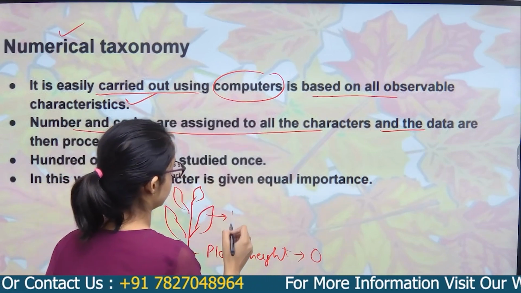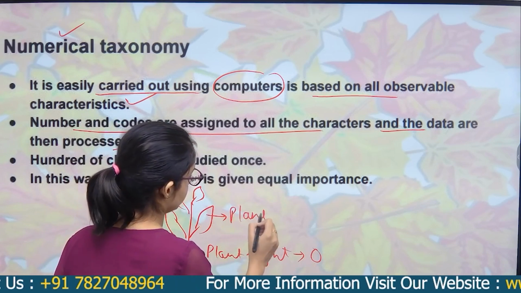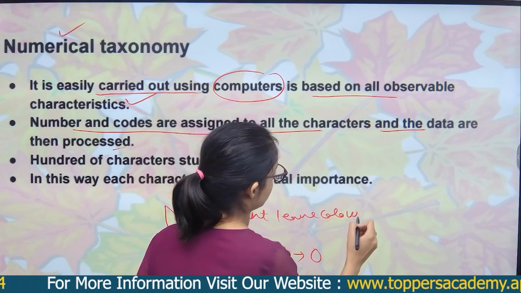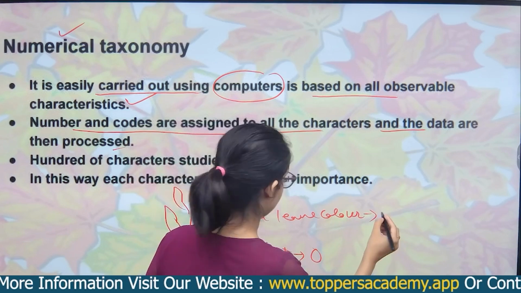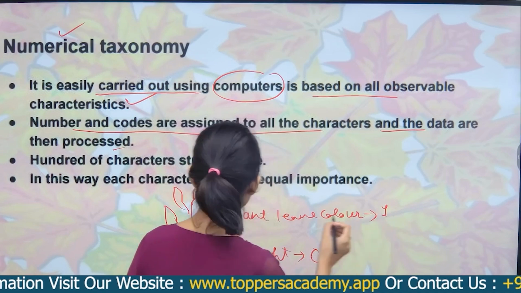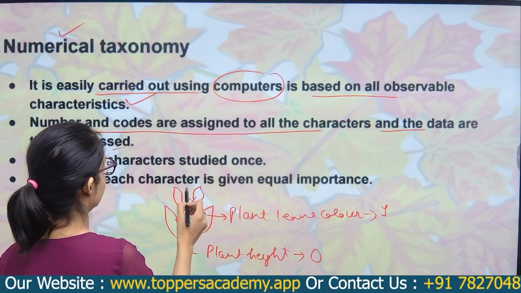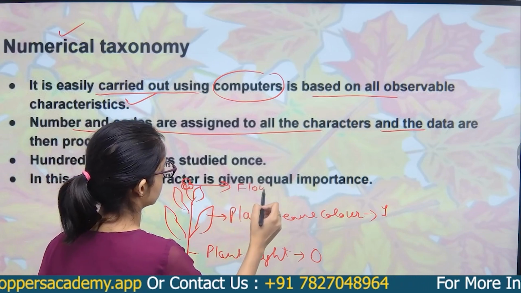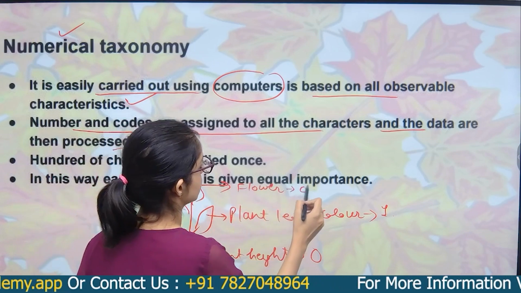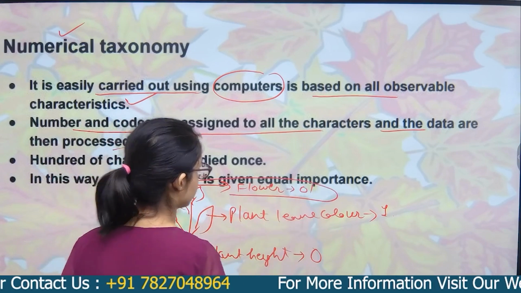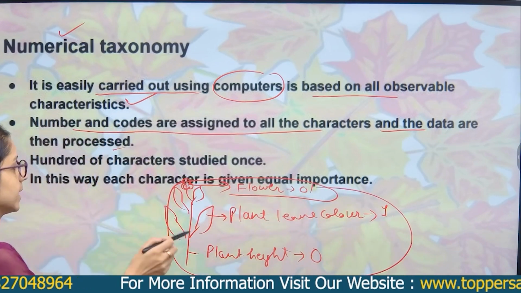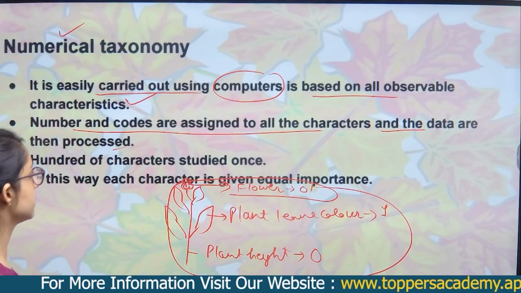For plant leaf color, I am assigning 1, and for flower I am assigning 0, 1. So this is how numbers and codes are assigned to all the characters and the data are then processed.